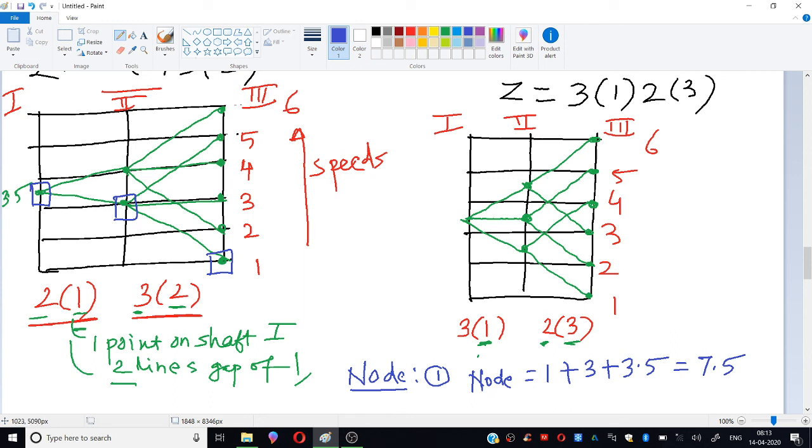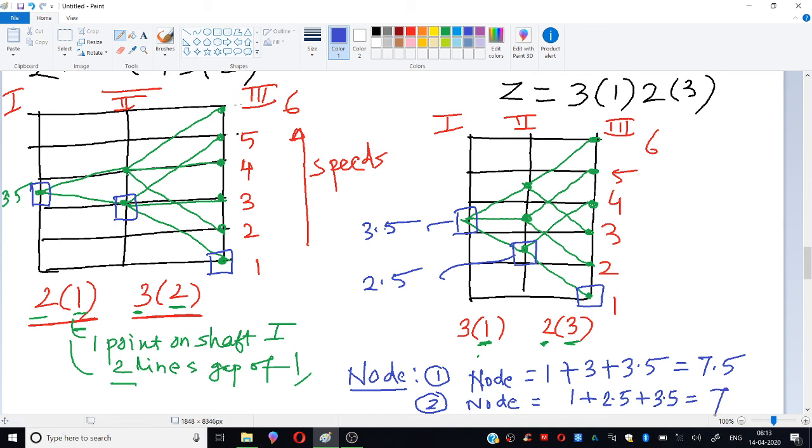Now for the second diagram, if we check it, the node is, this is the first, this is second, and this is third. So the value related to this is 1, this is 2.5, and this is 3.5. So we will add those values. So node summation is equal to 1 plus 2.5 plus 3.5.